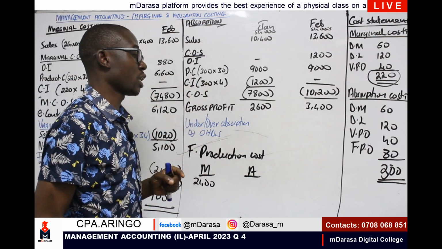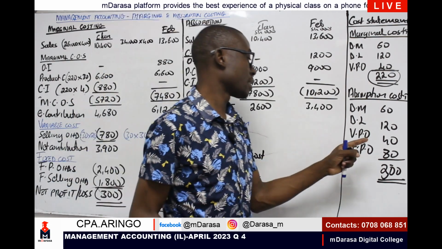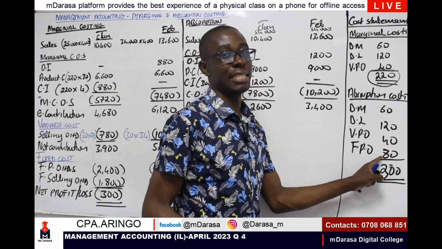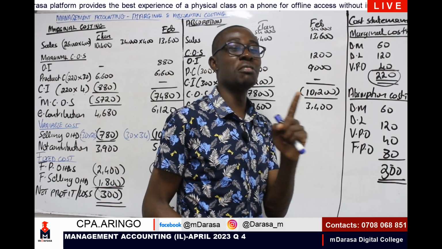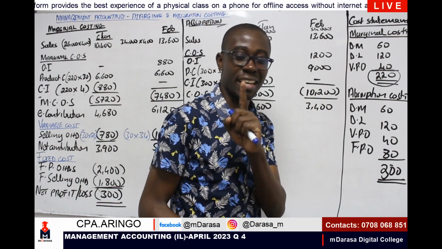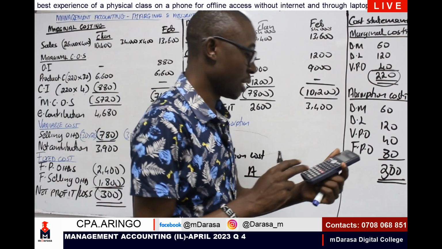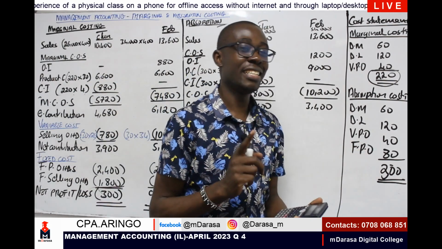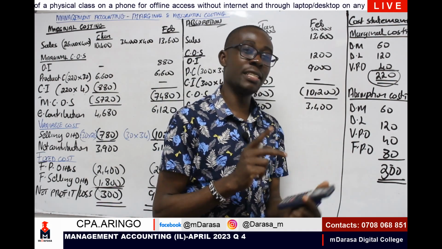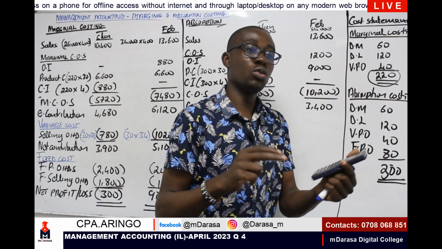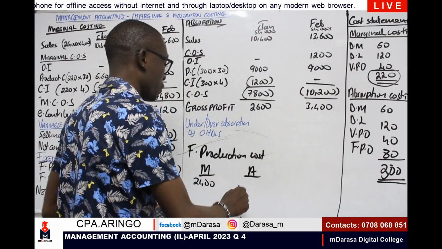I'm going to take whatever you're having as our fixed production overheads, which was 80, right? We multiply by the number of units that we produced. I'm going to have 80. We multiply 80 by our production, which was 30,000, which will literally give us again 2.4.